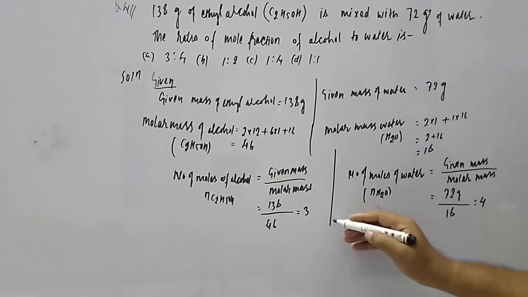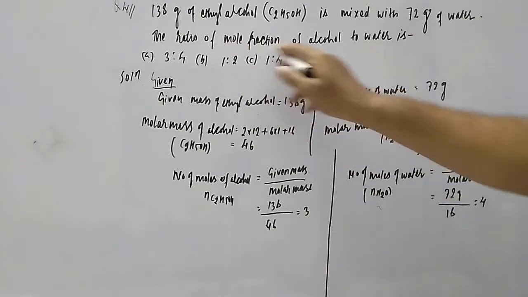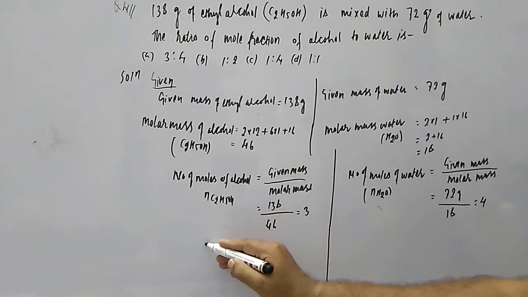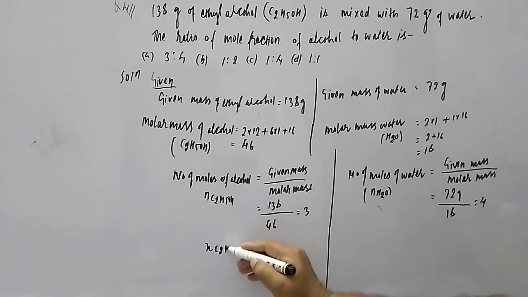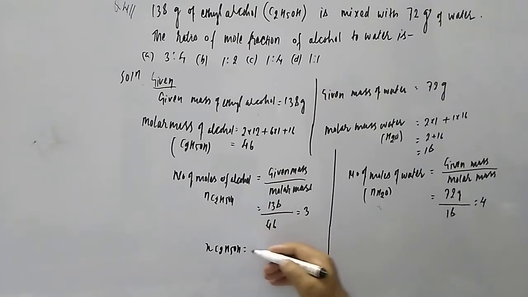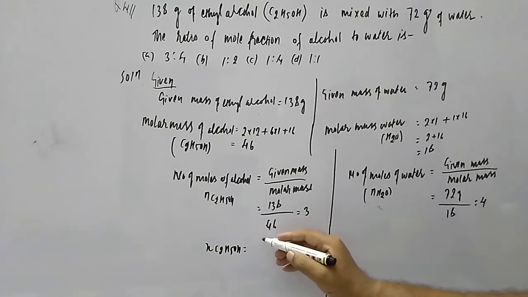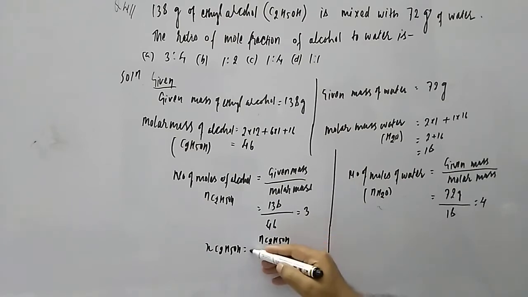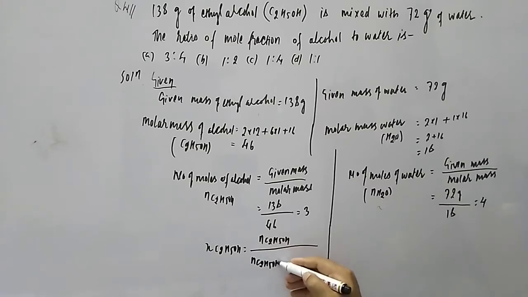So they are asking the ratio of mole fraction of alcohol and water. Mole fraction of alcohol, X of C2H5OH, is n of C2H5OH divided by n of C2H5OH plus n of H2O.